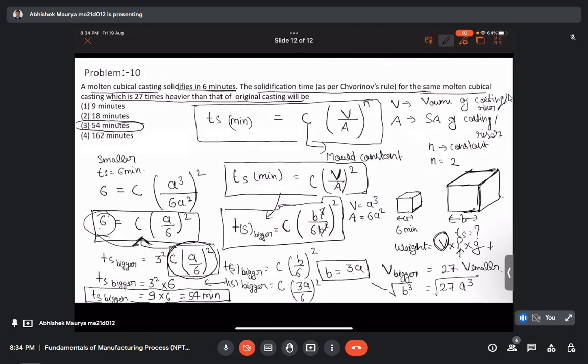So I think I have explained the solution, but if any of you have found any difficulty understanding any of the steps, then please unmute yourself and ask me now. Okay, so I think all of you have understood all the steps which we have followed to solve this question. If it's clear to everyone, then we can stop this session here.